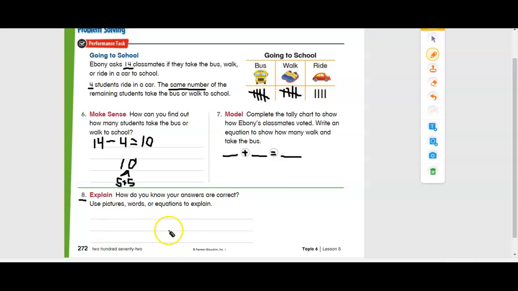You can show your work by writing each number that is represented by the tally marks and show what the total is when you add them together. That is an example of showing your work using an equation. If you would like to write a sentence or draw a picture to show how you know you are correct, you can also do that.